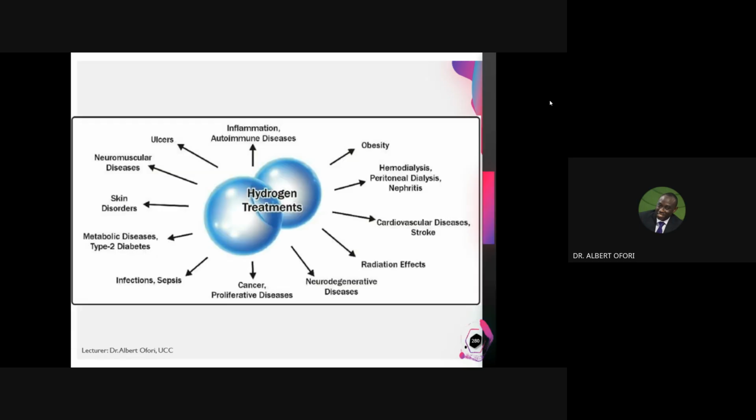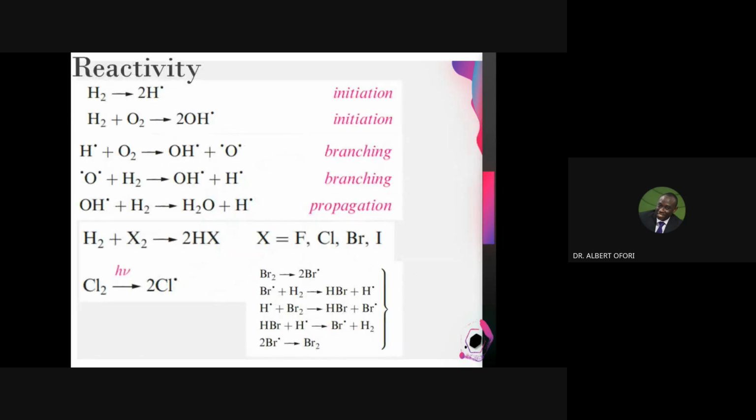Let me minimize this and show you the reaction. This reaction is quite explosive, and it goes through what you call nuclear fission. Unless you stop it, this radical will continue going, like a fire that does not quench.